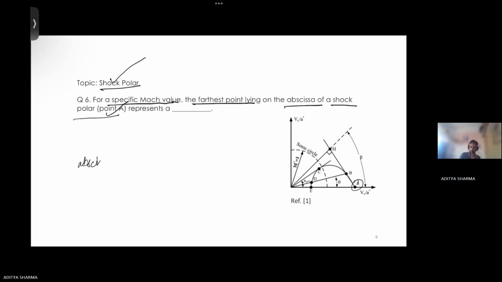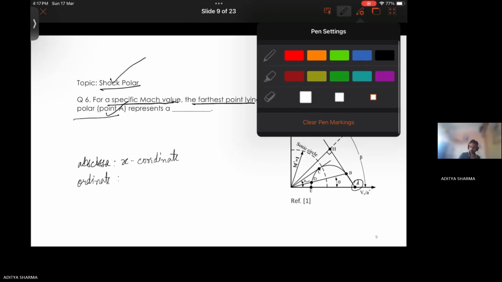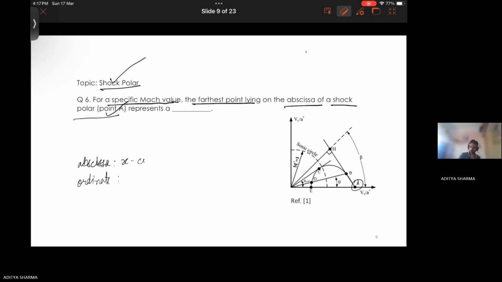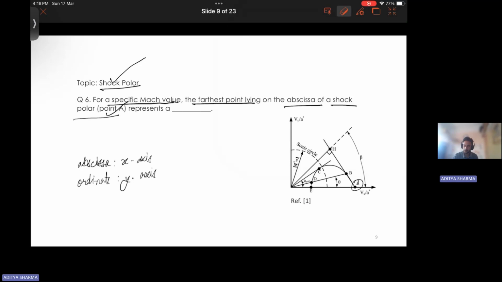I hope you know this. So let's see the options first and then after that we will decide how to answer this question.